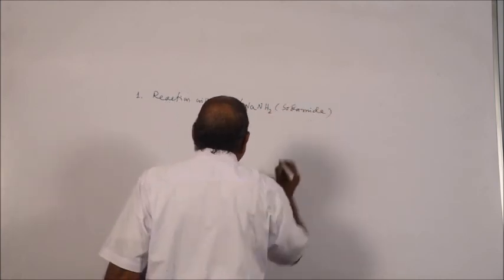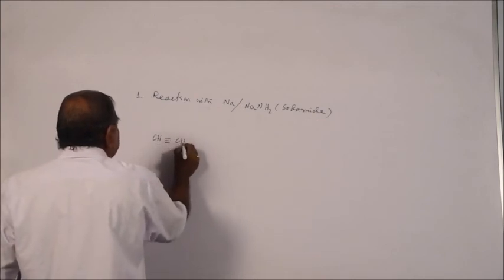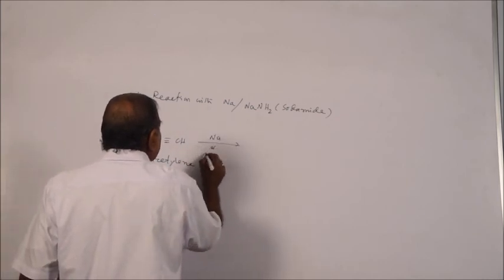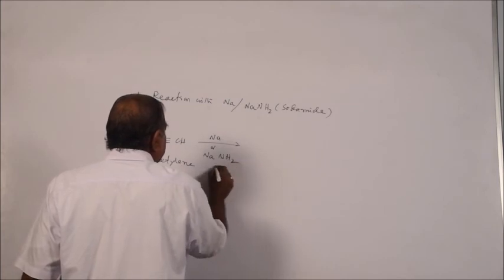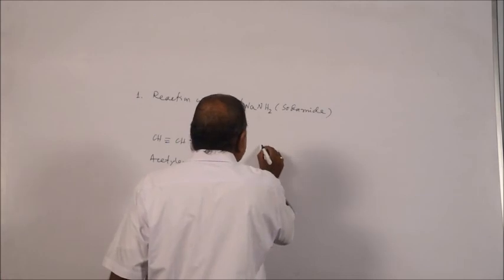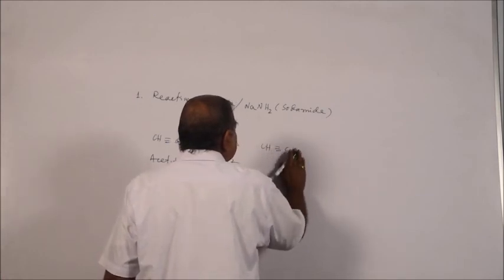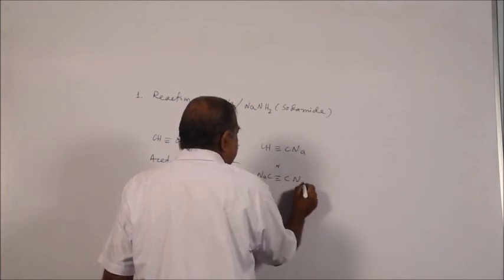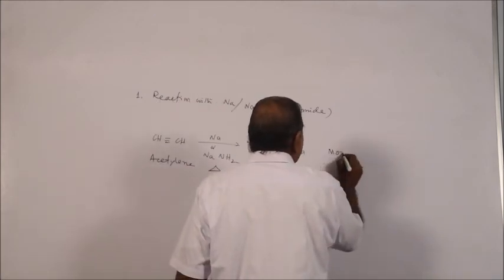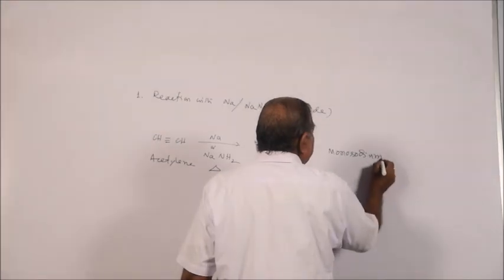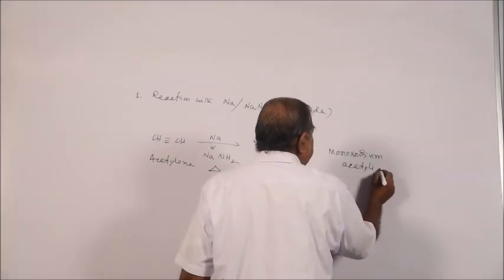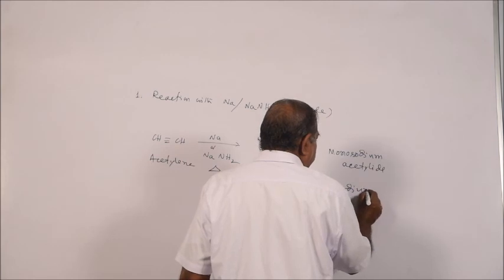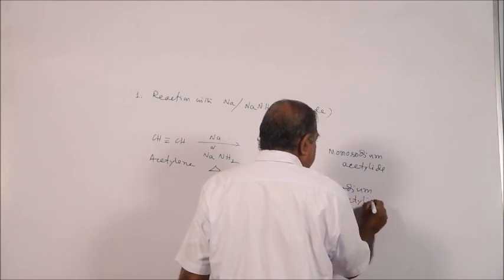Acetylene gas is passed through heated metallic sodium or sodamide, and the hydrogen atoms are replaced stepwise to give you monosodium acetylide or disodium acetylide.